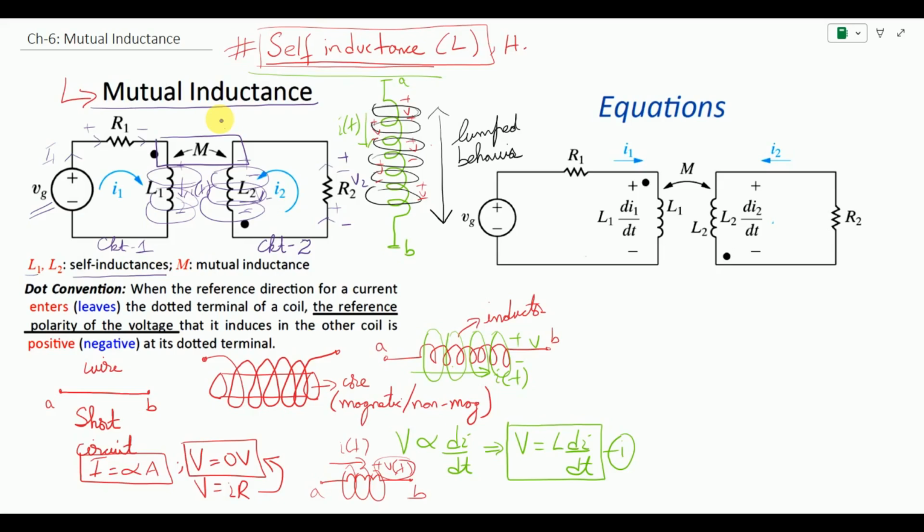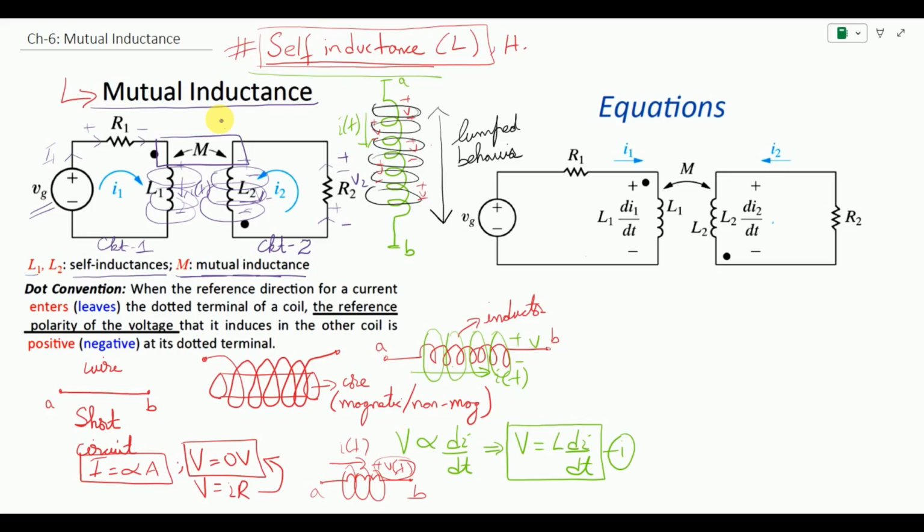So in our scenario, M represents the mutual inductance, which means the effect observed by L2 is due to L1, and similarly L1 experiences the same magnetic effect produced by L2. This is how mutual inductance works.